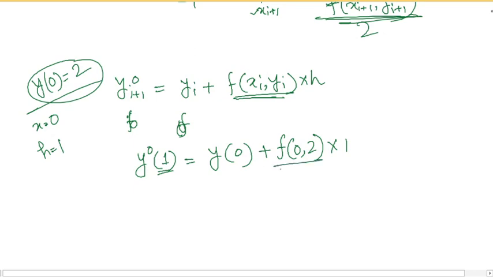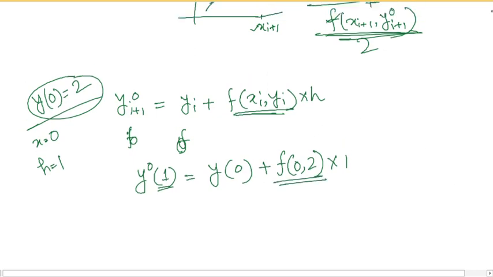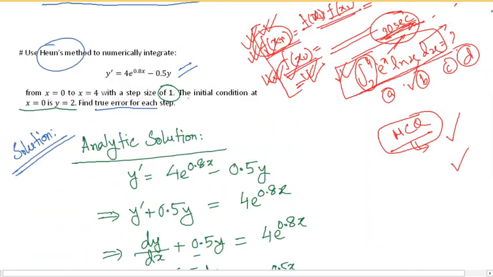Now I need to calculate f of 0 comma 2. So we will get this from our provided function, this is f of x comma y. So put the values of x and y in this equation. Remember, in the previous example there was no y on this side, but in this particular problem you see there is a y term here.